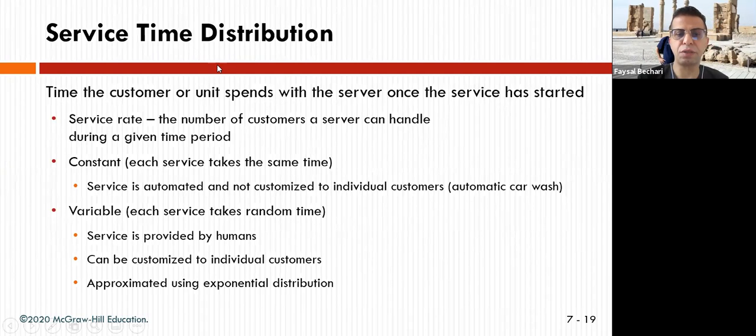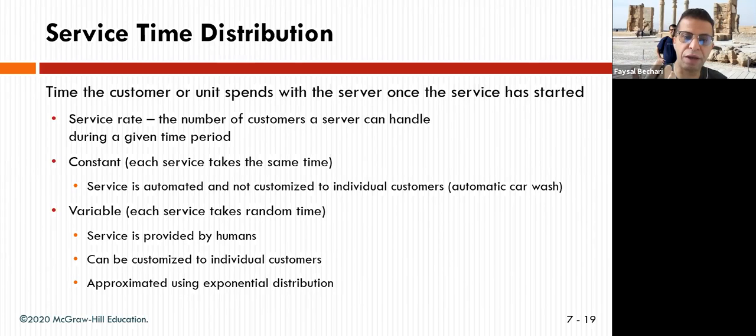So the service time distribution is the time that a customer or unit spends with a server once the service has started. So it's basically the service rate, the number of customers a server can handle during 1 hour or 2 hours or this period of time. Now, it could be a constant. Each service takes the same time, like 10 minutes, which is easy to calculate, like a car wash machine.